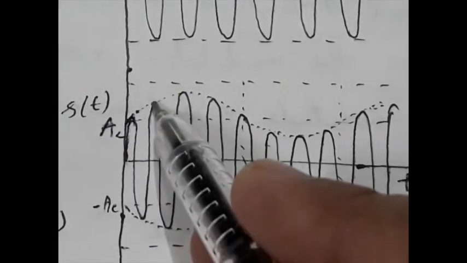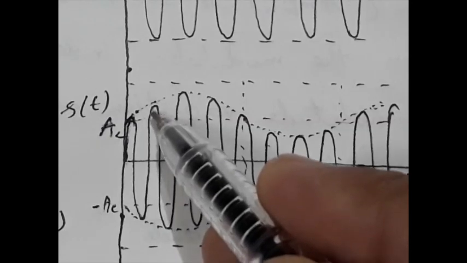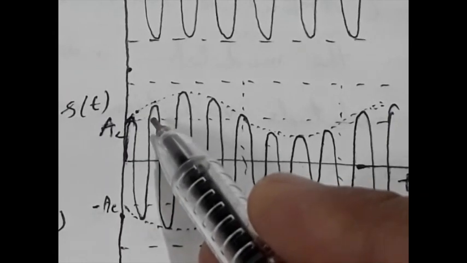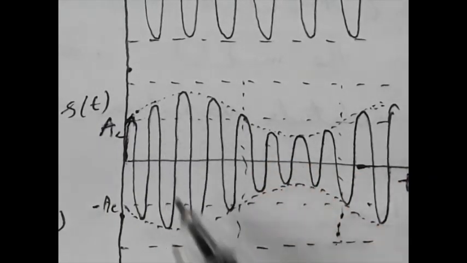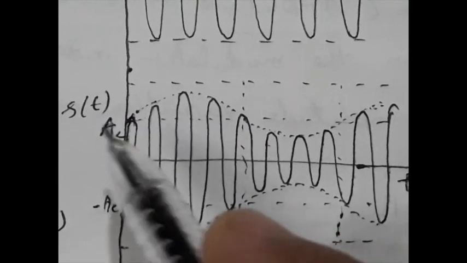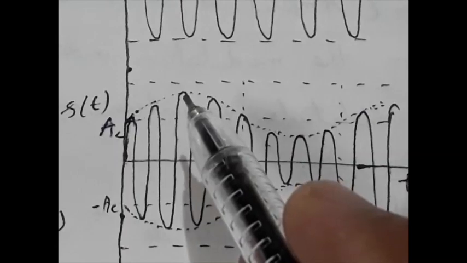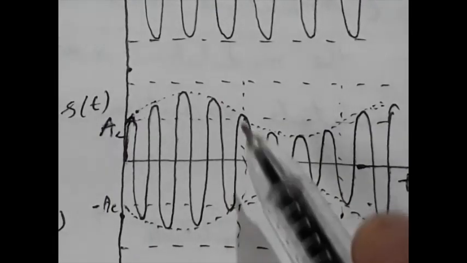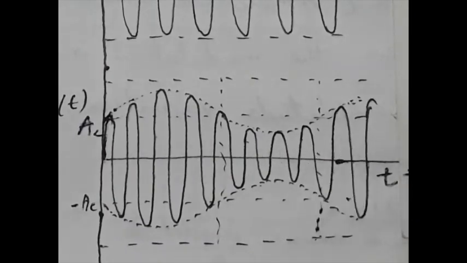For the second cycle the amplitude will be this one, not the original Ac voltage. Actually it should be Ac, but now it will be slightly higher than Ac. In this way you fill the cycles of the carrier signal, and the amplitude will vary depending on these two lines. So this is the picture of the amplitude modulated signal.